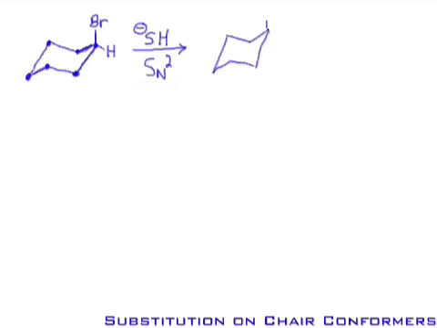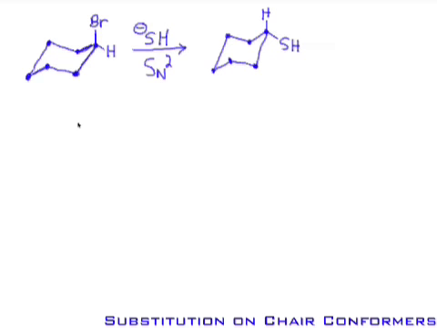And so if you were to draw inversion, it would look like this. SH would displace the Br minus. But whether you put the SH up or down would make no difference because it's the same thing.